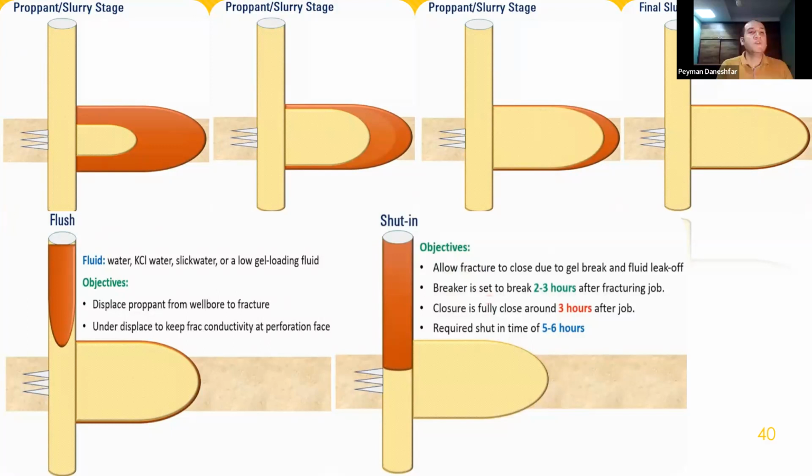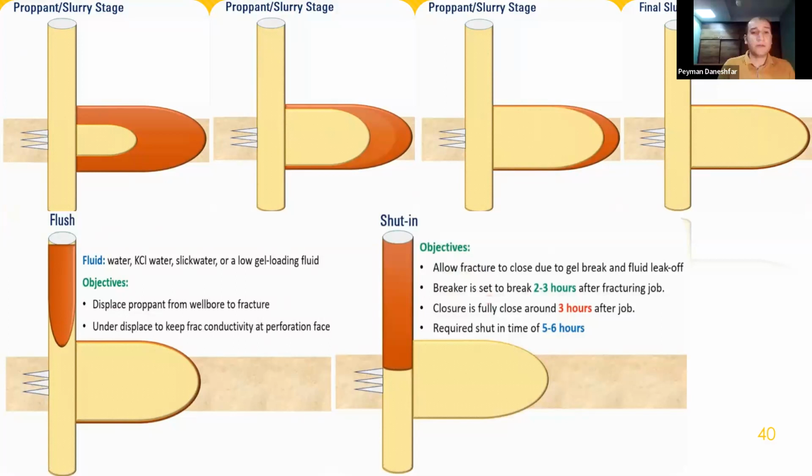After that we do a flush job, we shut in the well and allow the fracture to close due to gel breaks and fluid leak off. And breaker, I will talk about breaker later. You see here, breaker can break in the formation to clean the residue inside the well.